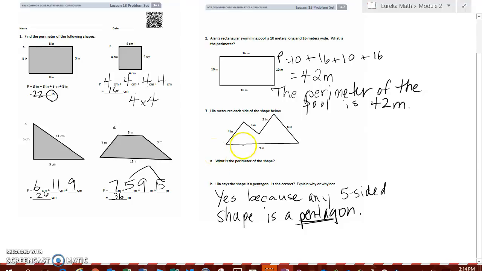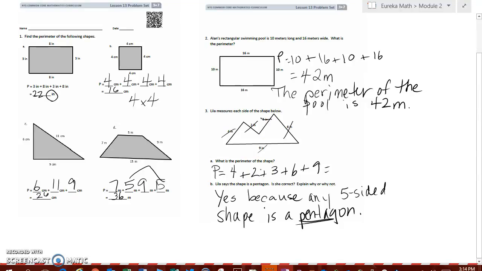What is the perimeter? Well, we've got to add all those sides. When you've got a funky shape like this, you want to make sure you get them all. So here's what I do. I say capital P equals, and then I look here, I say 4 inches, 4 plus 2 plus 3 plus 6 plus 9. Now I know I got them all because I can go back and look and see I crossed them all off.